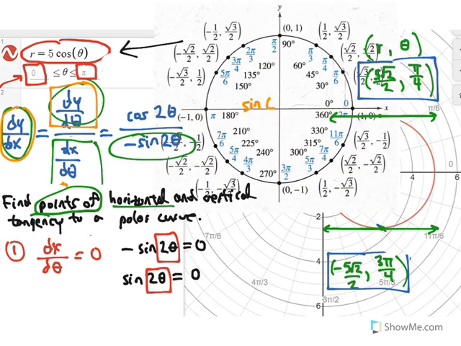Remember that we use the unit circle to define sine of an angle to be the y-coordinate of the corresponding point. So the angles where the y-coordinates are 0 would be either 0 or pi, and we will have 2 theta is equal to pi n, where n is an integer.